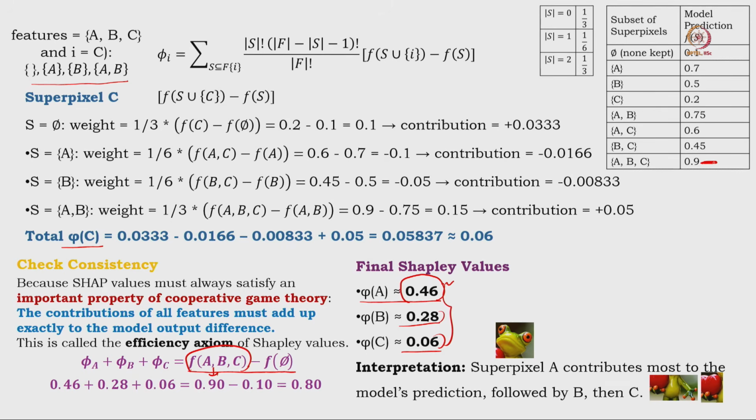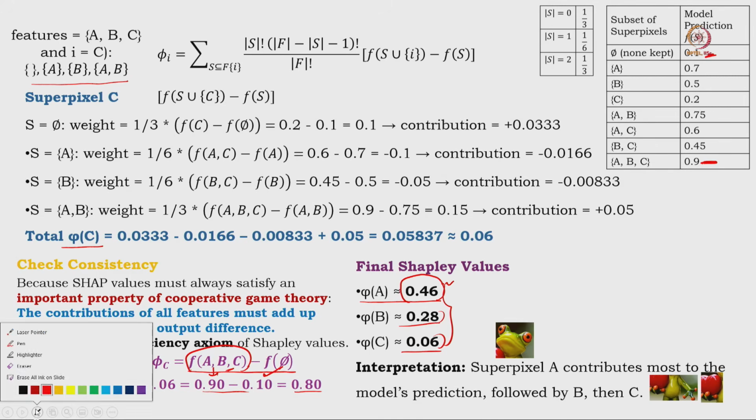When none of the features are present, the model prediction is less. So, when you subtract, you are getting 0.80.